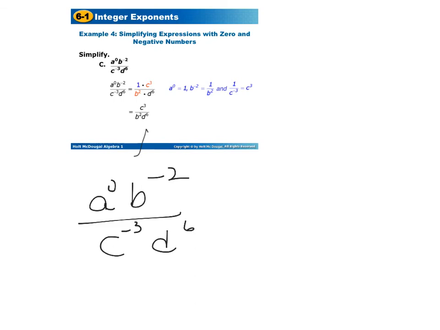So the things I need to think about moving are going to be the b and the c. Those are the two things with negative exponents. To make them positive, I move where they are. If it's negative in the top, put it in the bottom and make it positive. So the b moves to the bottom.